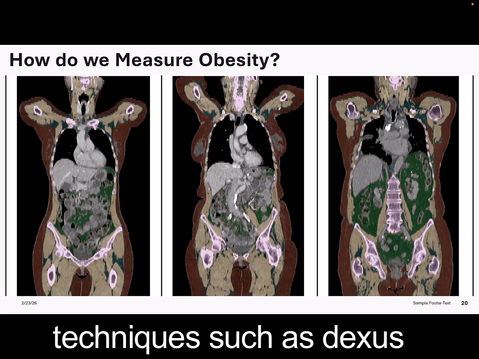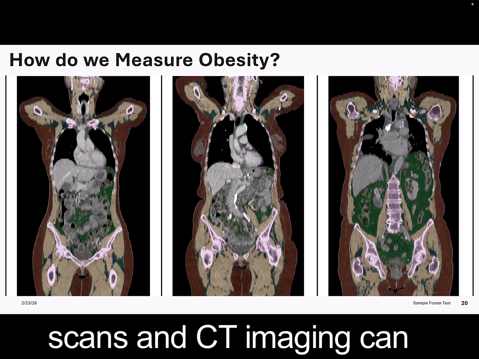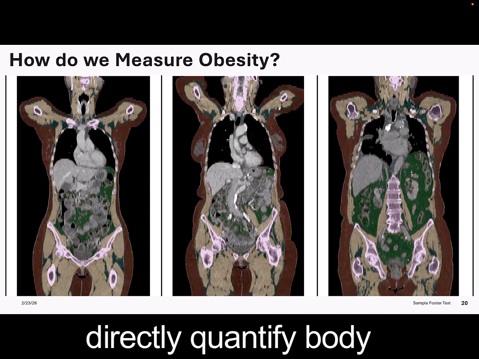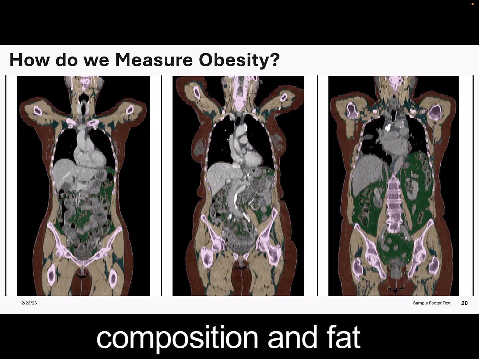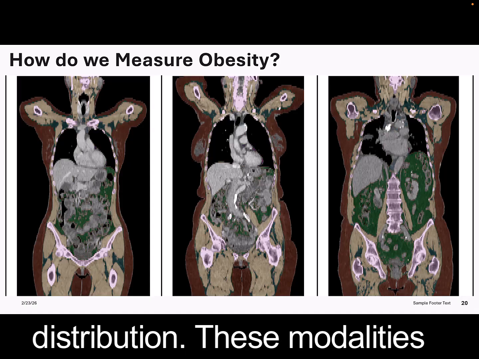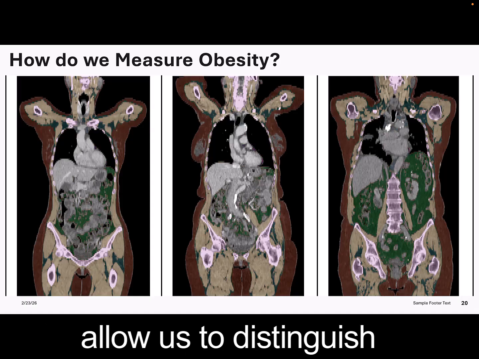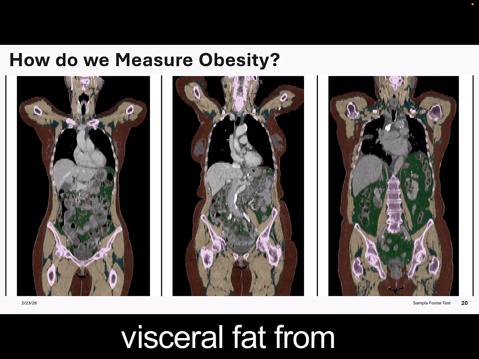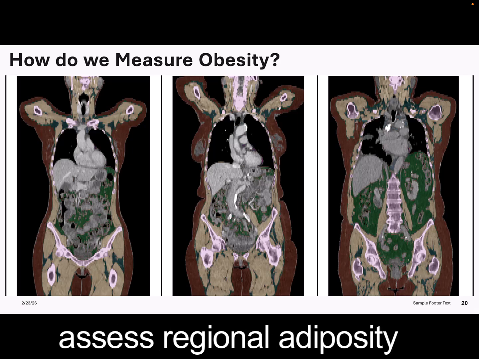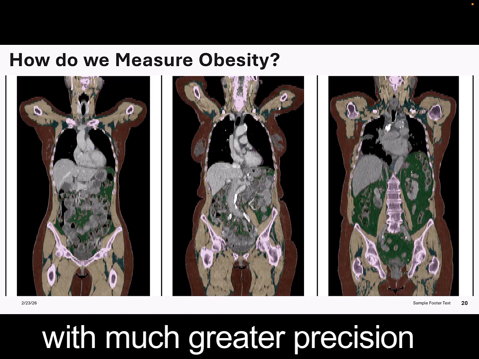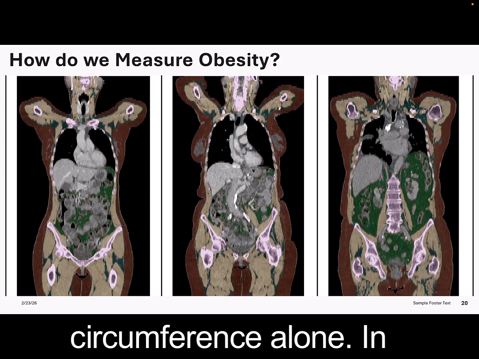Advanced imaging techniques such as DEXA scans and CT imaging can directly quantify body composition and fat distribution. These modalities allow us to distinguish visceral fat from subcutaneous fat and assess regional adiposity with much greater precision than BMI or waist circumference alone.